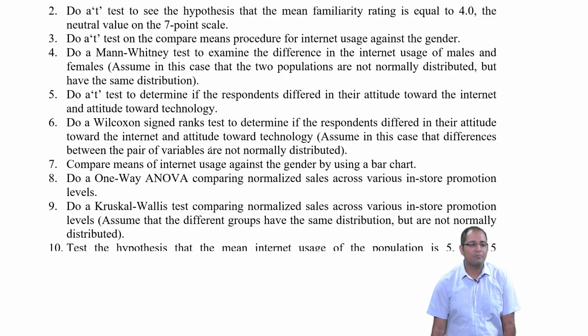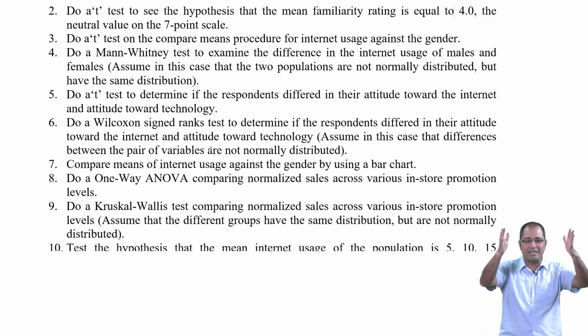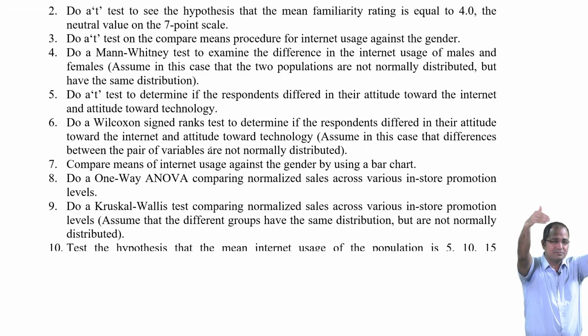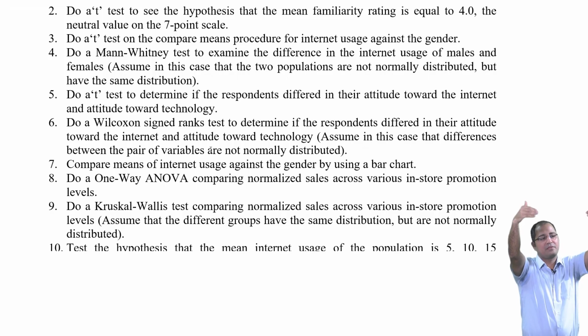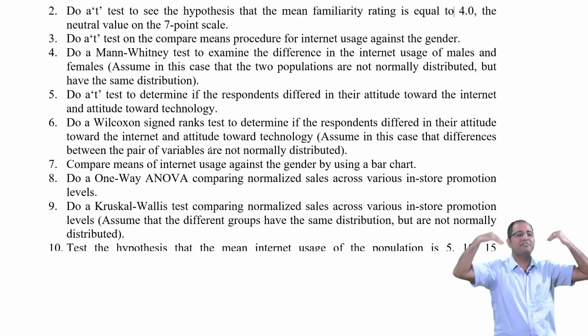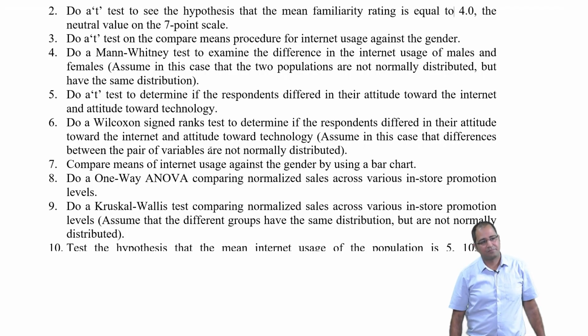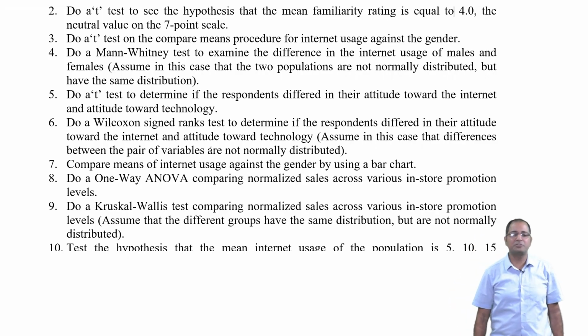If they are normally distributed in the population, then we use the parametric test. If that assumption is not met, we have to use the non-parametric.